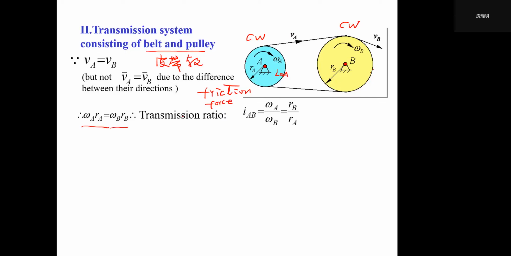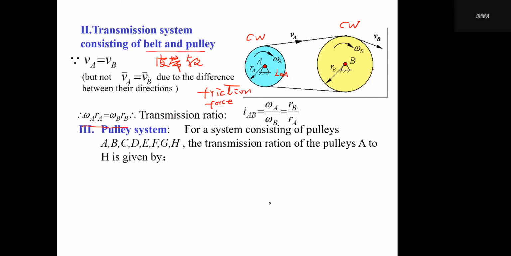From our definition of transmission ratio, we also have iAB equals omega A over omega B. Once again, A in the first position means it is the driving pulley, and B is the driven pulley. So when this smaller pulley rotates, this one will also rotate. That's another kind of transmission.